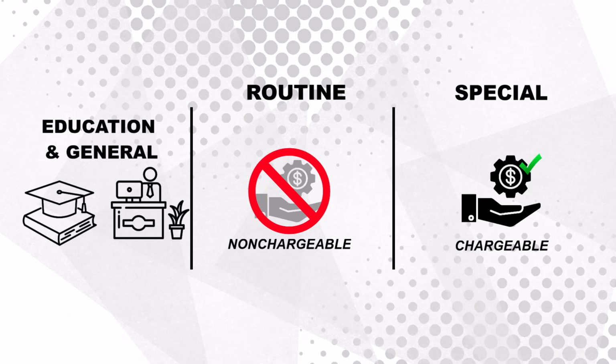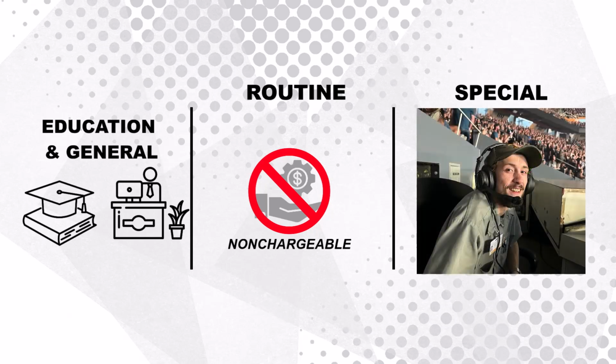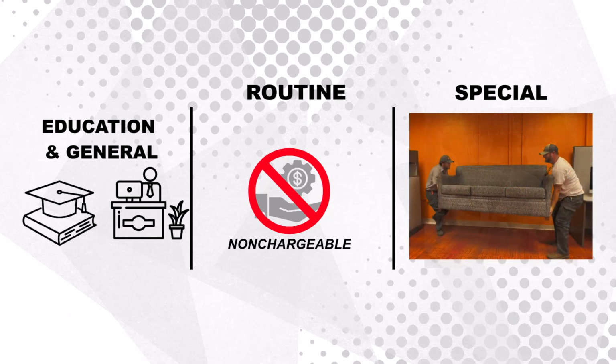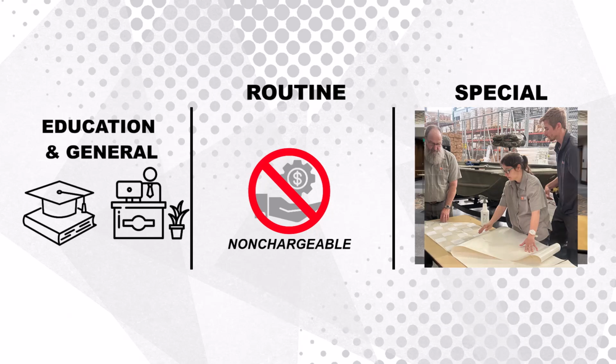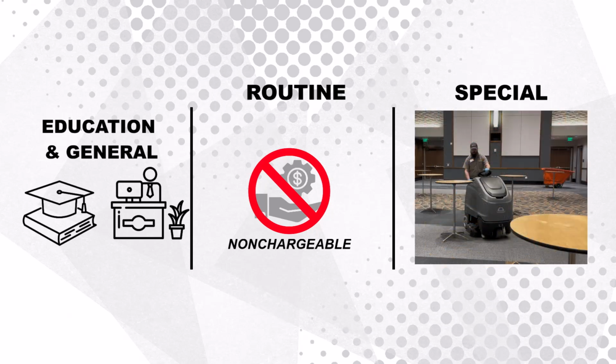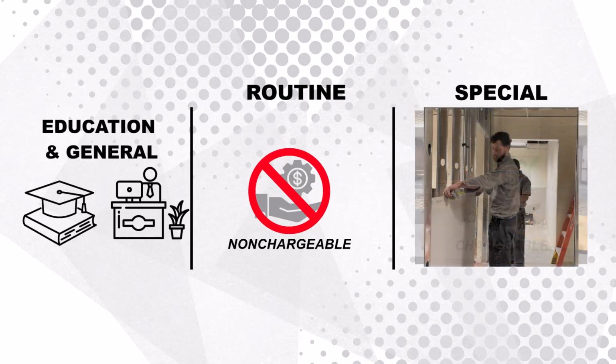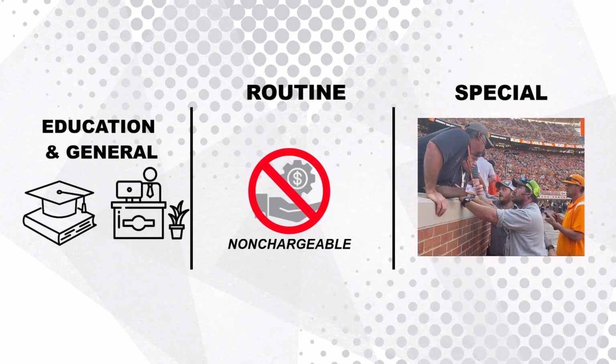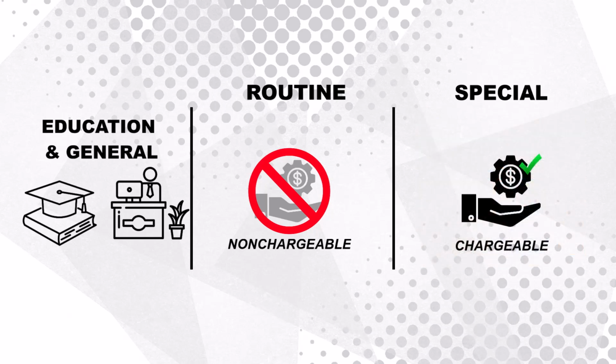However, things like event support, moves, signage, extra cleaning or mowing outside our routine schedule, and new construction or space modification, as well as any work done on an auxiliary space, are outside the scope of our routine work and so would be considered chargeable.